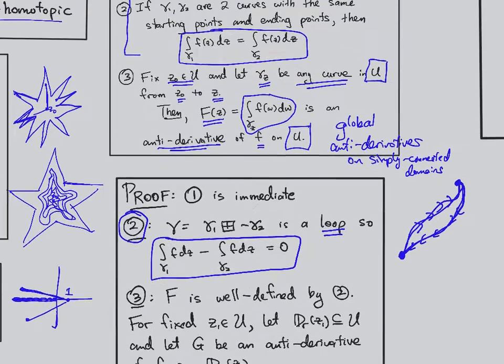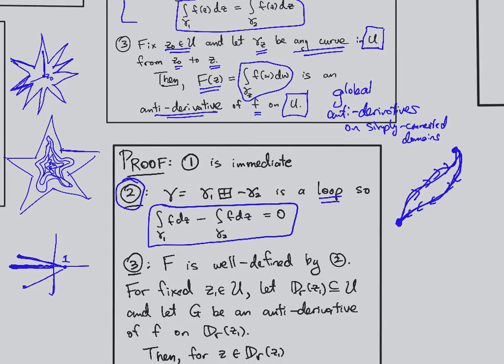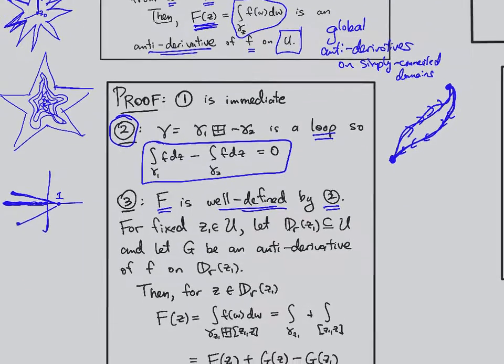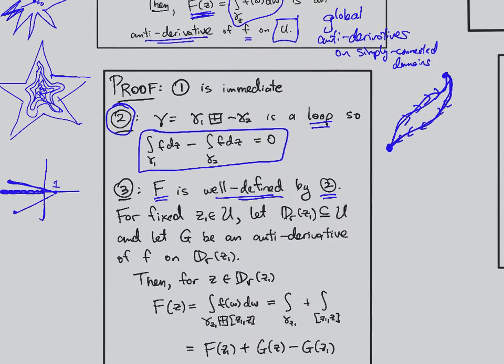And then for 3, I need to show that this function defined here using paths gives me an antiderivative of f on all of U. Well, first, capital F is well defined by 2 because it just depends on the endpoints now. And so why is it analytic and why is its derivative equal to little f?